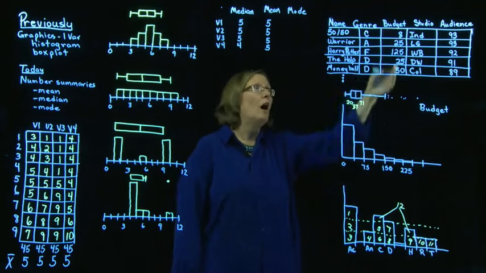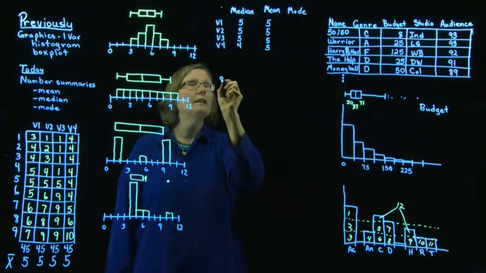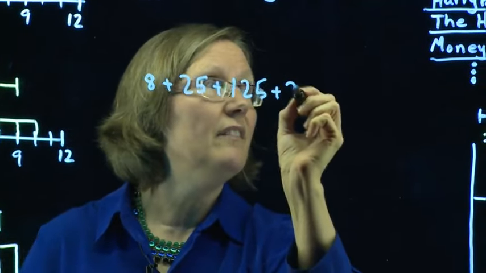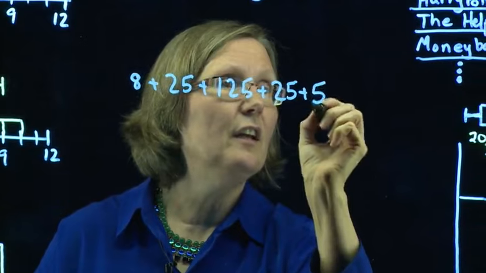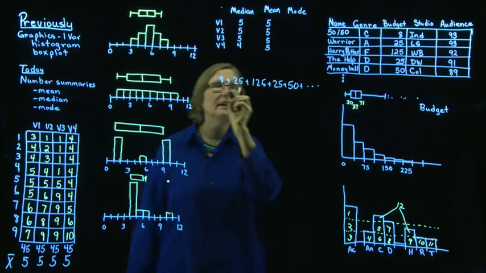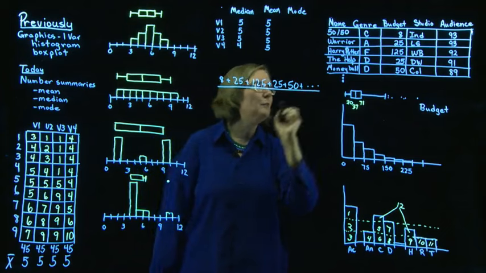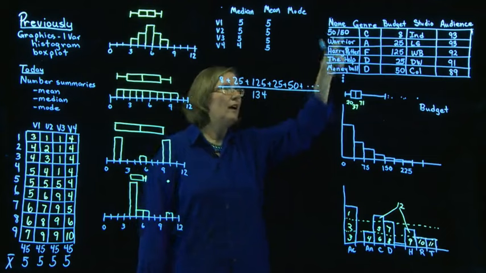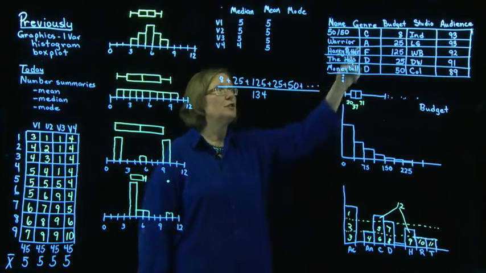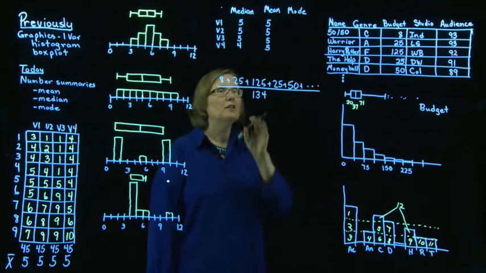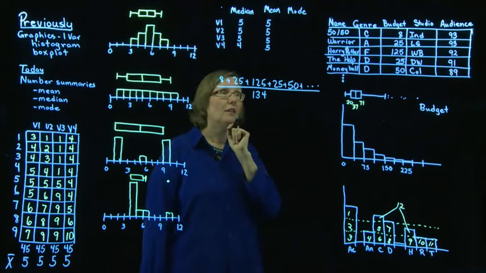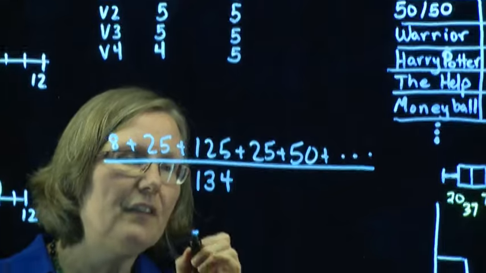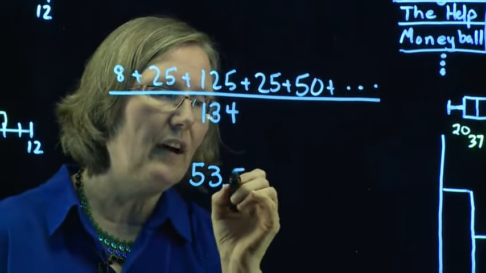But if we add up all of those budgets, 8 plus 25 plus 125 plus 25 plus 50 plus all the others in the data set, and divide by the number of observations, 134. While there are 136 movies in this data set, 2 are missing their budgets, so we divide by 134. When we do that, we get a mean of 53.5.